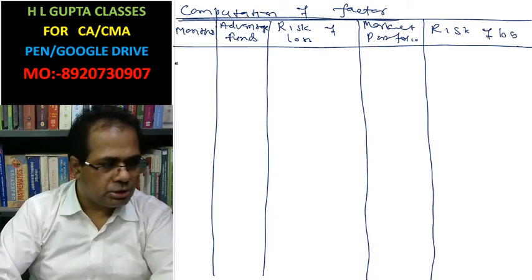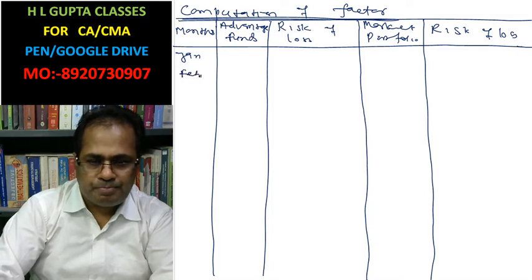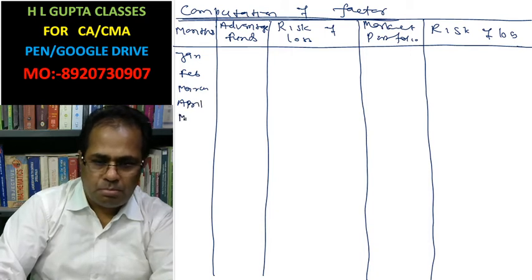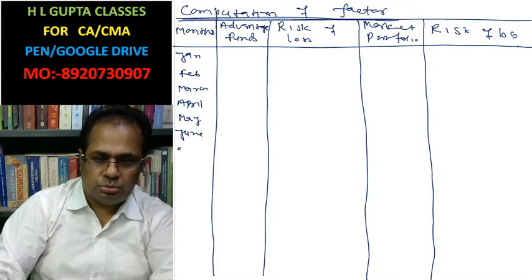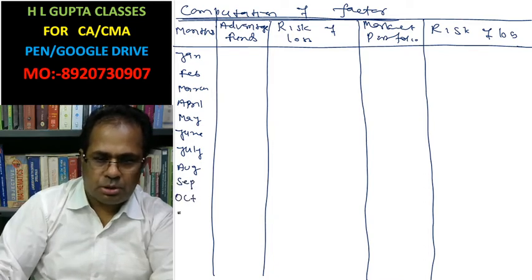Month: January, February, June, July, August, September, October, November, December.